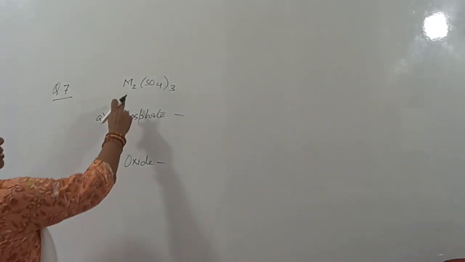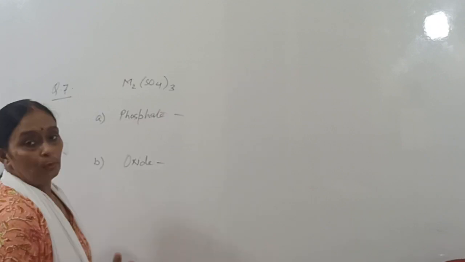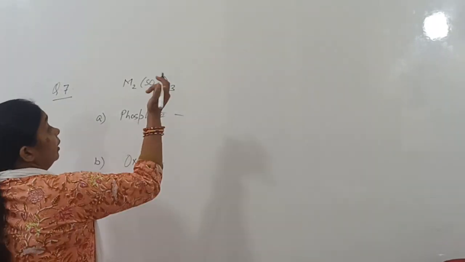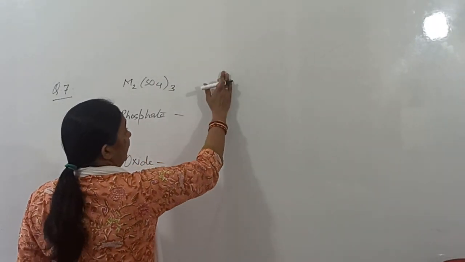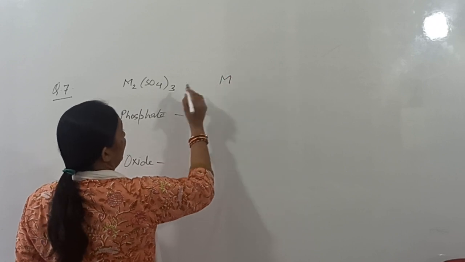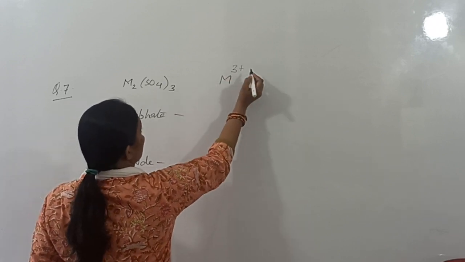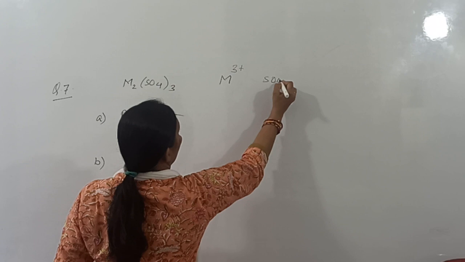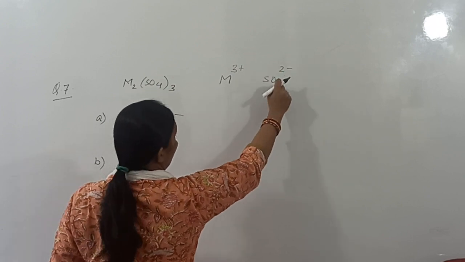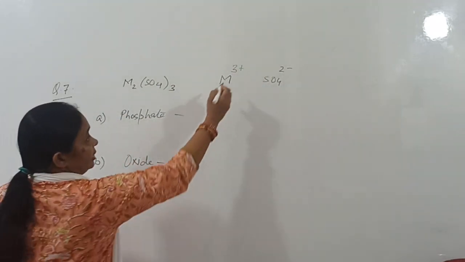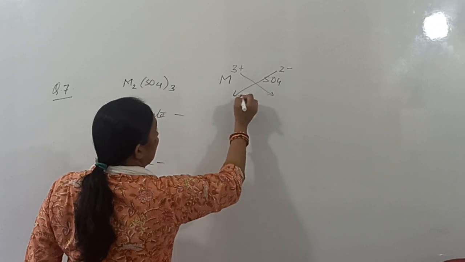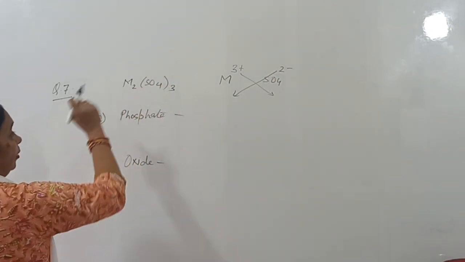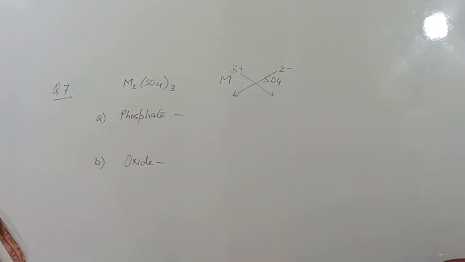Now if you see this formula, what do you come to know from it? That the valency of metal M will be 3 plus, and SO4 will be 2 minus. Then you exchange these two valencies, and you get the formula M2(SO4)3.